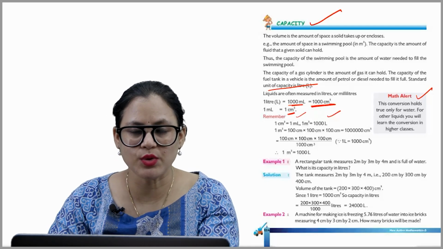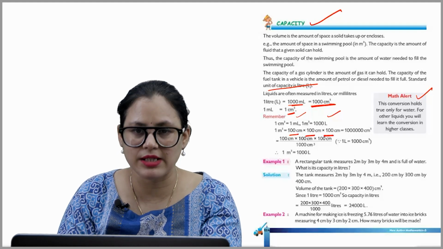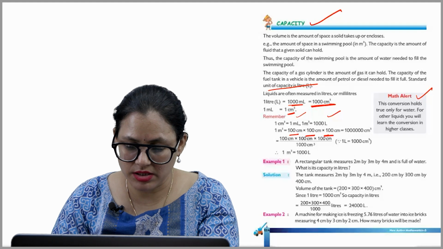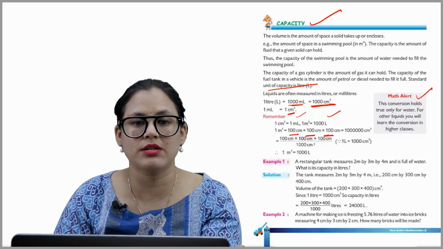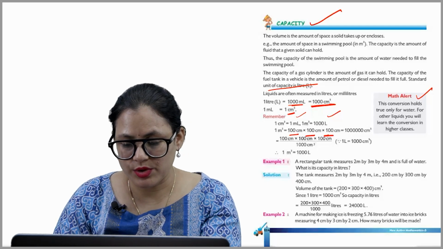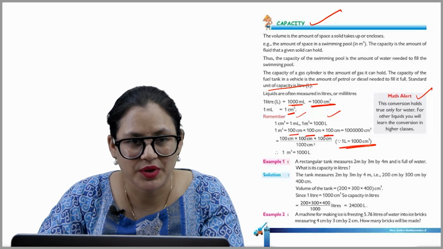And 1 meter cube is equal to 100 centimeter into 100 centimeter into 100 centimeter. So 100 into 100 into 100 centimeter cube upon 1000 is equal to 1 meter cube, which is equal to 1000 liter, because 1 liter is equal to 1000 centimeter cube, right?